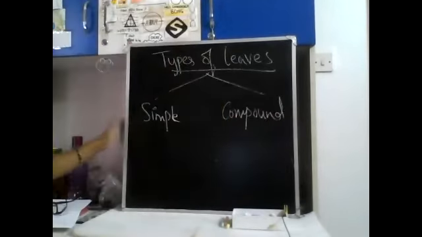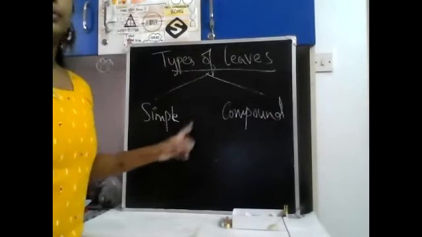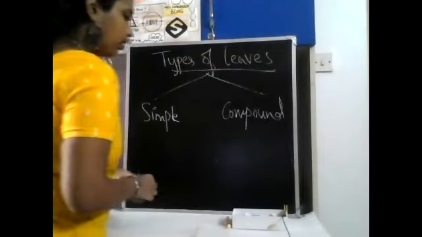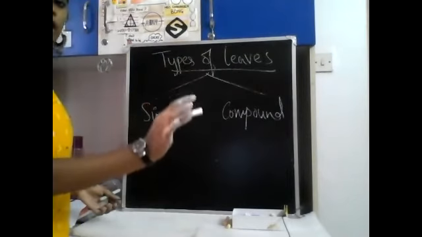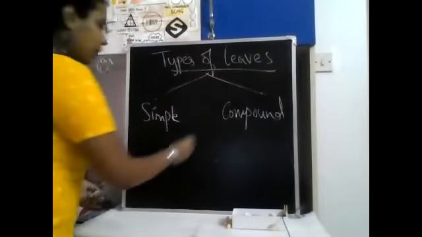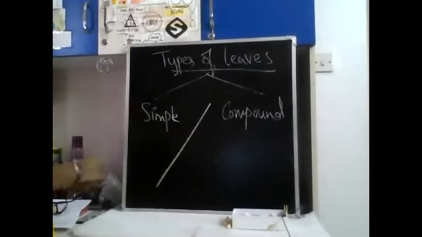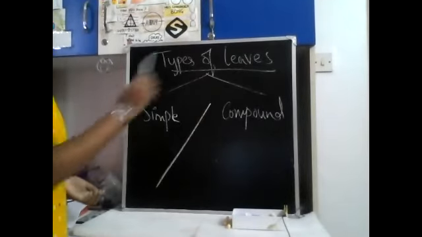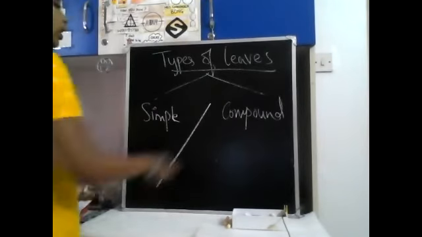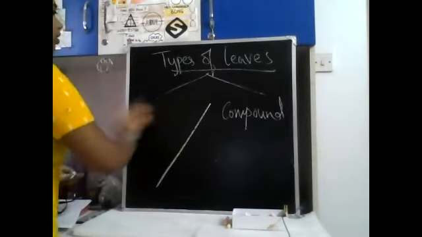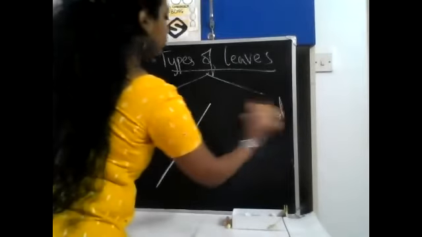Okay, what is the difference between simple and compound? Now imagine my white chalk. Can you differentiate the color? Okay, so the white is your midrib, and the green that I will use is for the lamina. So if this is the midrib and we're talking about simple, okay?